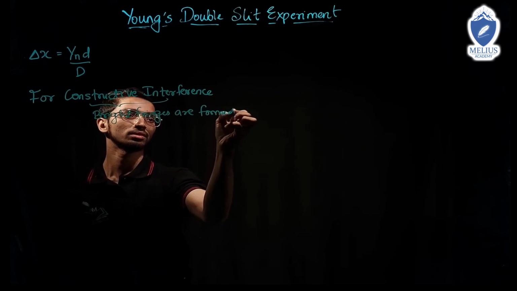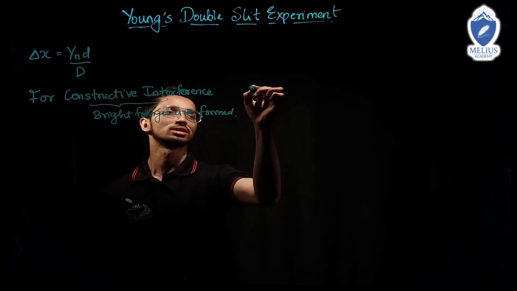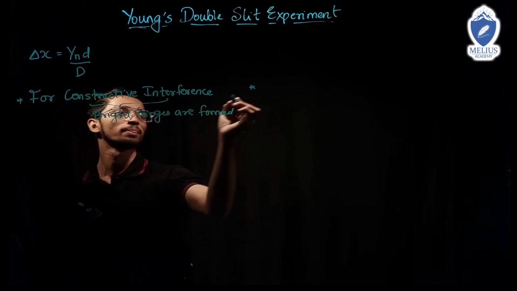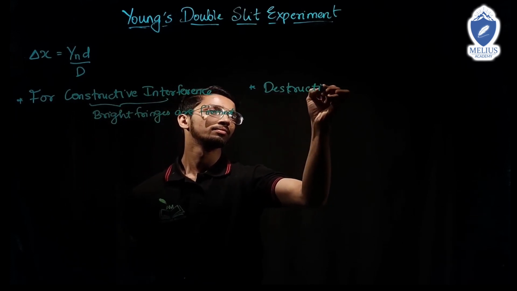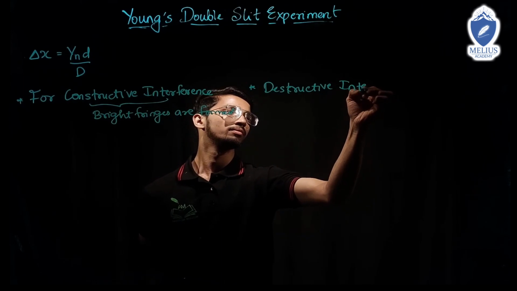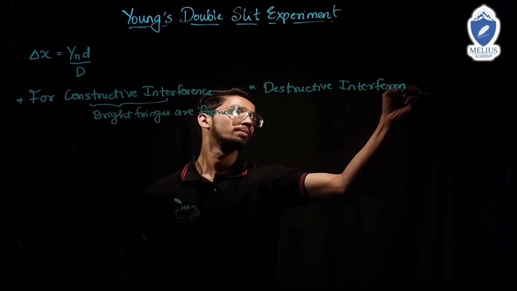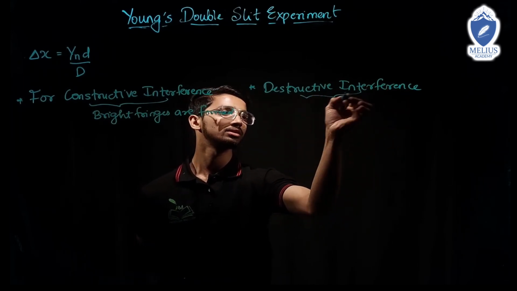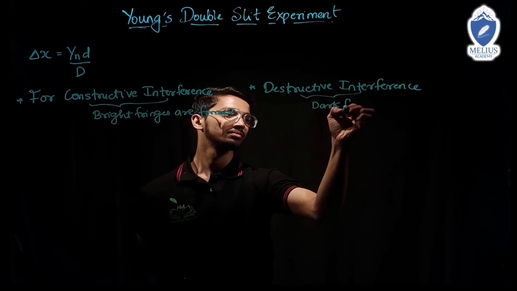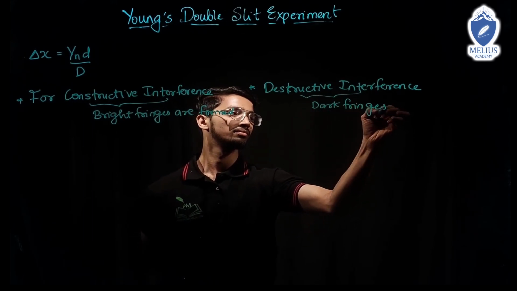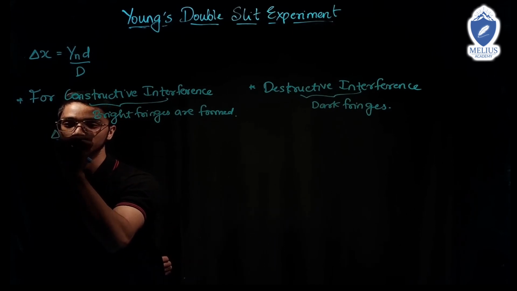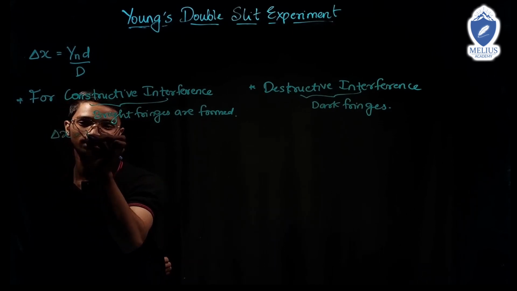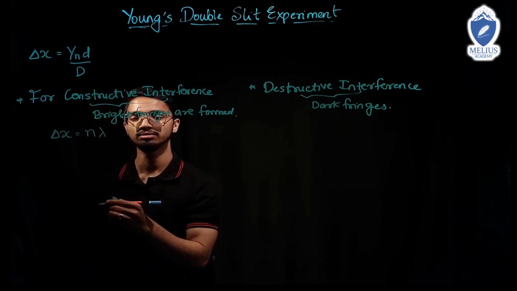The other one is destructive interference, which means dark fringes. For constructive interference, delta x was equal to n lambda, as you have studied before.